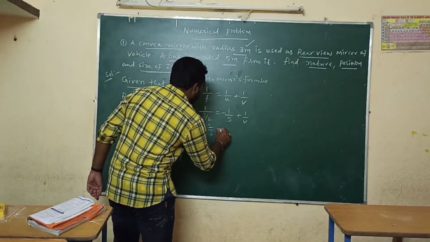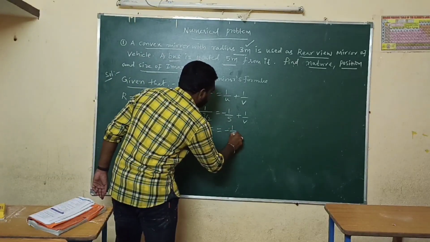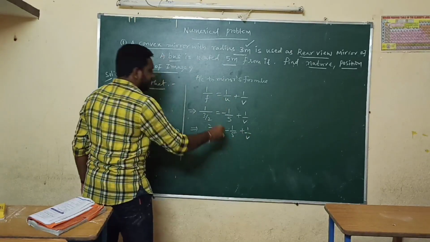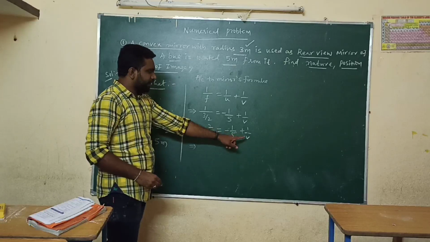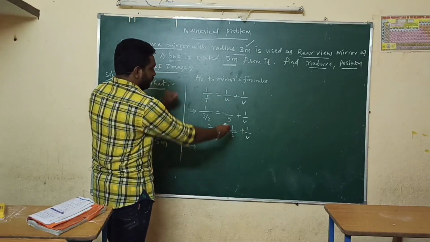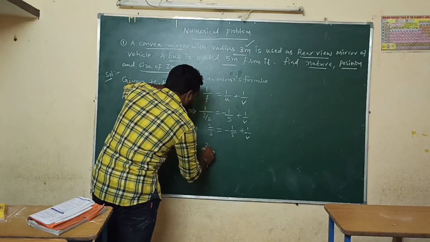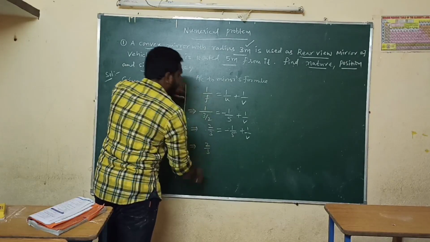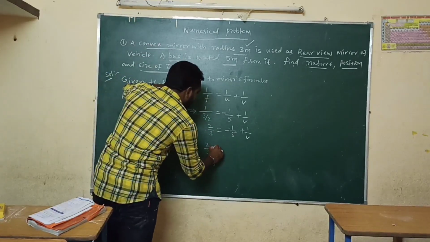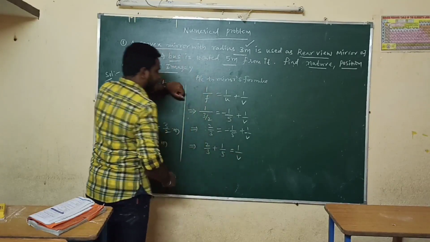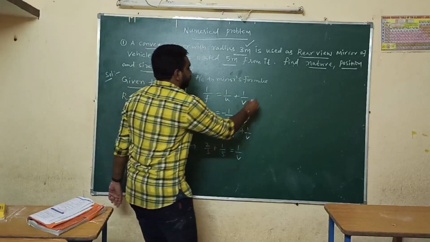So 2 by 3 equal to minus 1 by 5 plus 1 by v. If we rearrange this equation to find the v value, minus 1 by 5 comes to the other side and becomes positive. So 2 by 3 plus 1 by 5 equal to 1 by v.